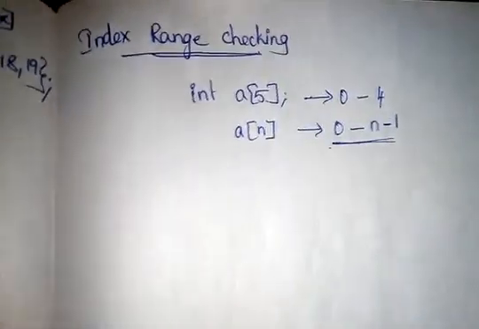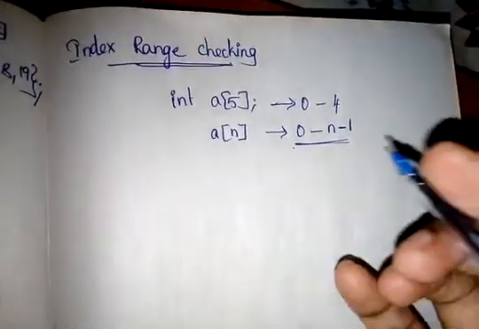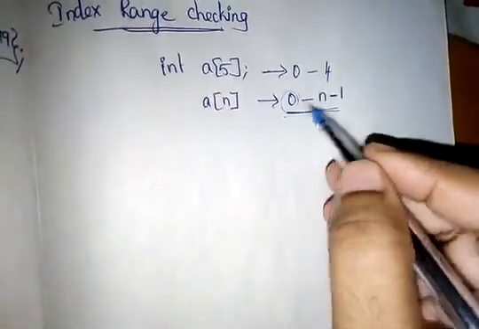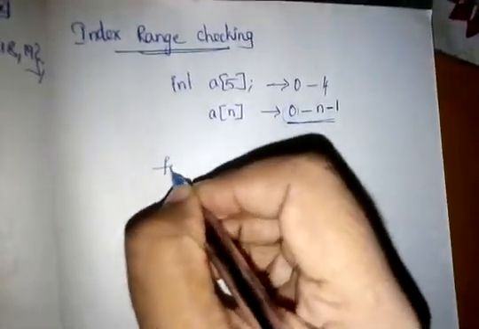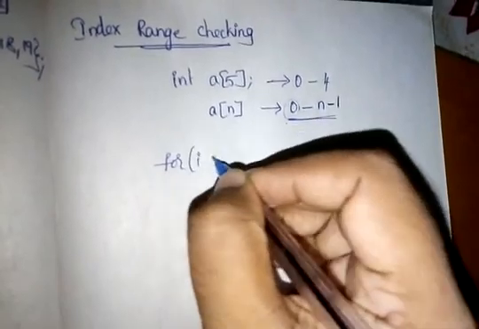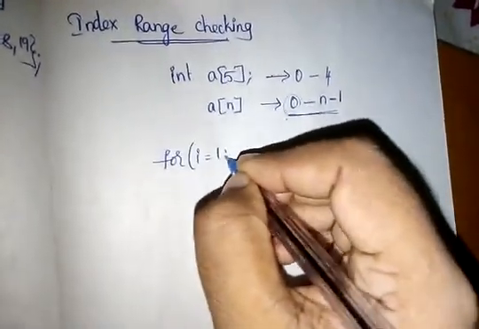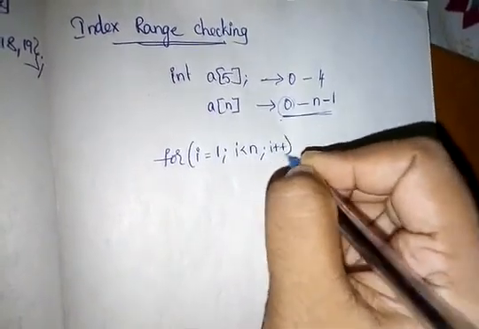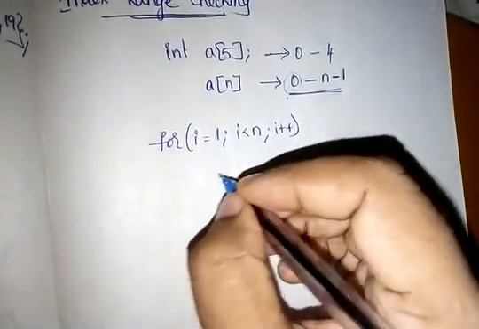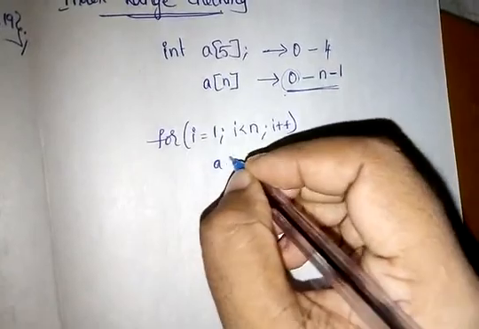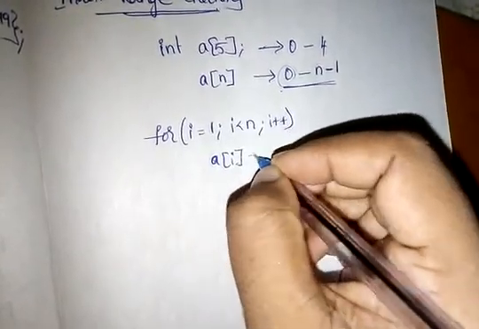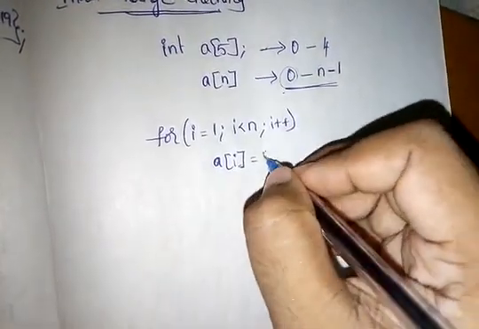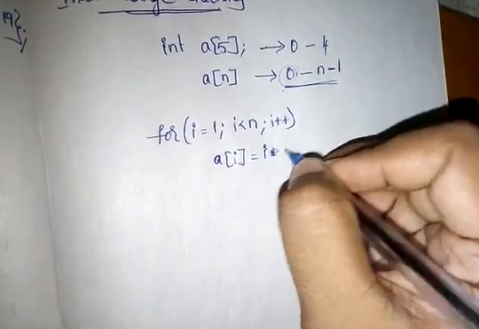Because our index starts from 0, while accessing an array element, say I write for I is equal to 1, I less than n, I plus plus, a of I is equal to I star 2.